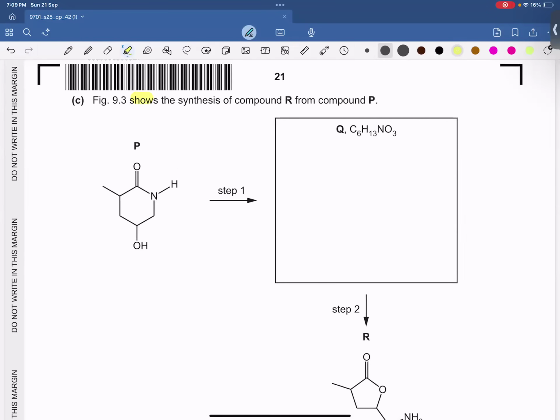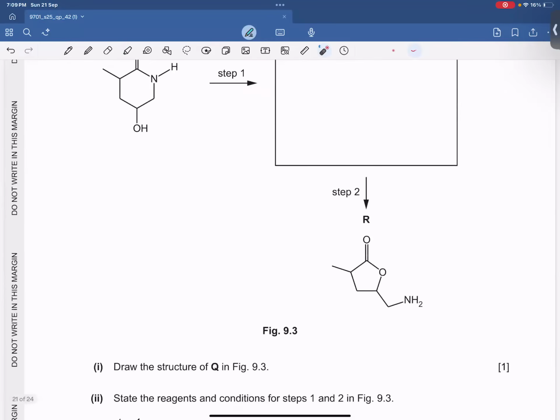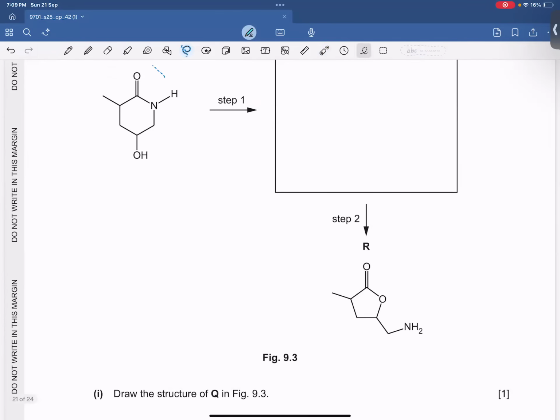Next is figure 9.3, which shows the synthesis of compound R from compound P. That's an amide, and this amide undergoes hydrolysis. Let me show you what's going on.